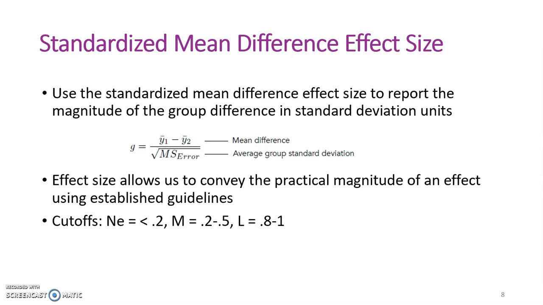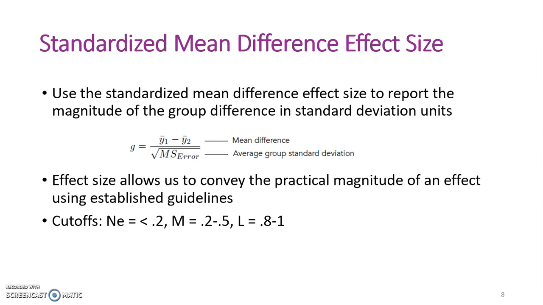So now that we've reached this conclusion, we can use the standardized mean difference effect size to get a metric-free effect size for these mean differences to understand the magnitude of them, putting them in standard deviation units.